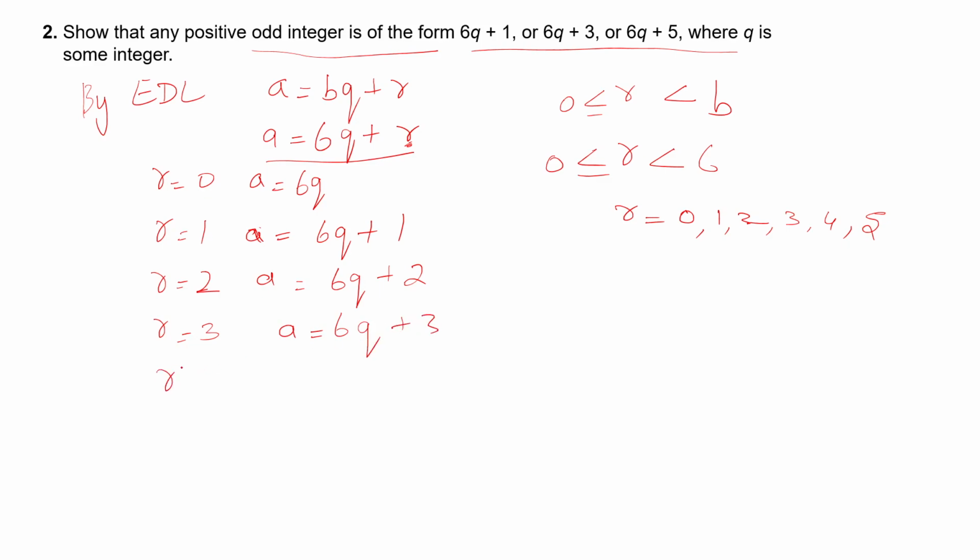You can keep on writing. R is equal to 4, A is equal to 6q plus 4, and R is equal to 5. So very easy, no? Yes, you can get full marks in the first chapter if you do it this way easily. Okay, so done. Up to R is equal to 5 we have done.